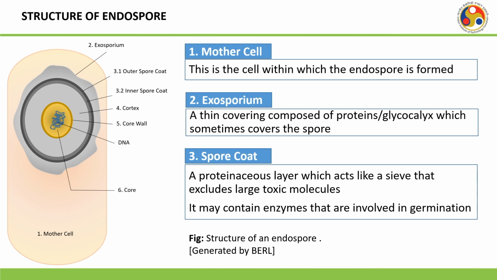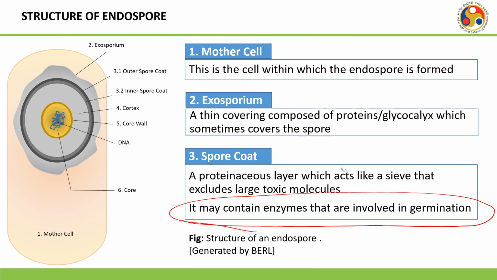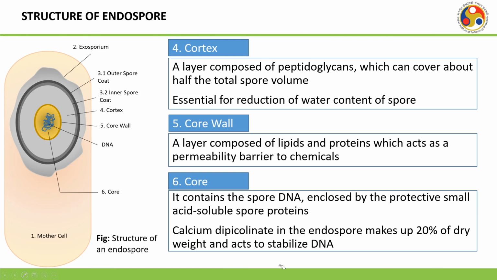Then we have a spore coat, which may have inner and outer layers. This is a proteinaceous layer which acts like a sieve that excludes large toxic molecules from entering inside. It may also contain enzymes that are involved in germination.